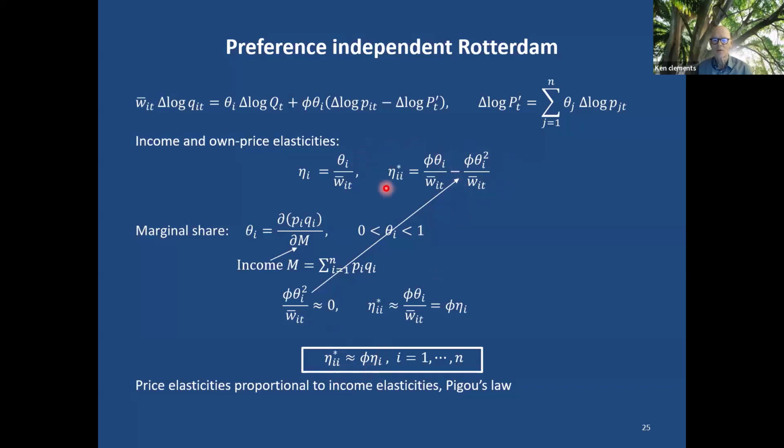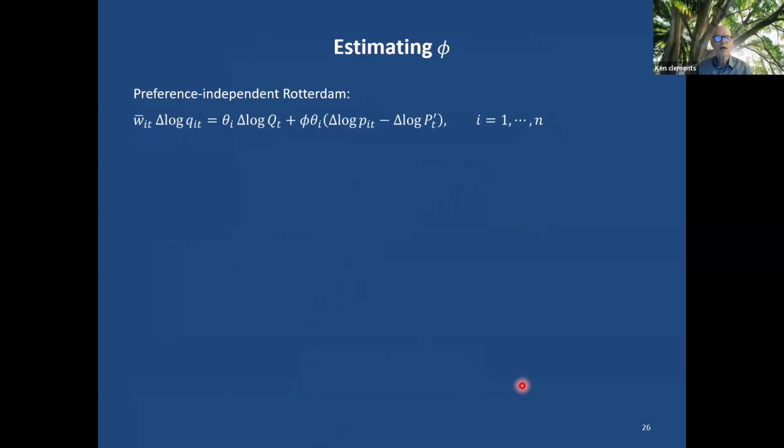We're just left with that term there as the expression for the own price elasticity, at least as an approximation. So price elasticities are again proportional to income elasticities, as it should be under preference independence, which is back to Pigou's law. So far, so good.